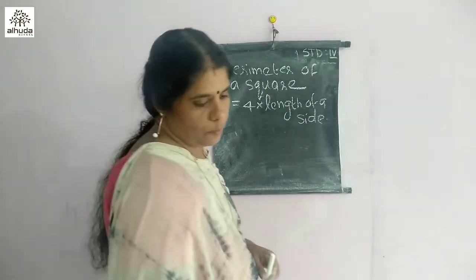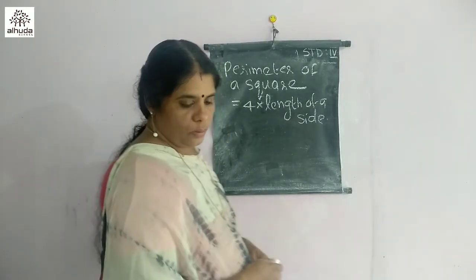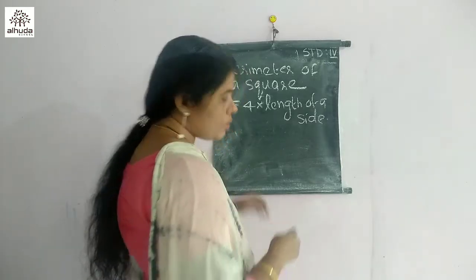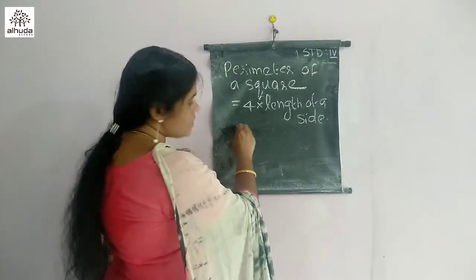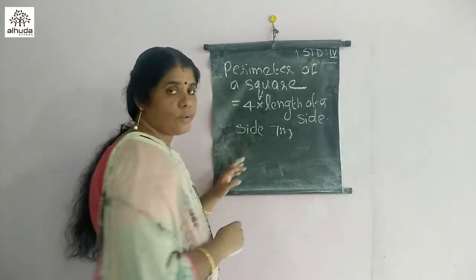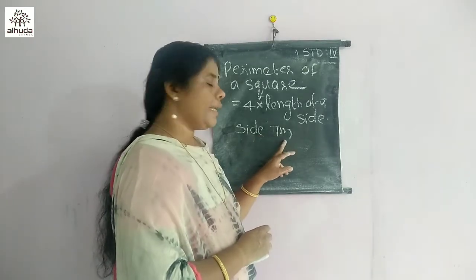For example, find the perimeter of the square whose sides are given below. That is, side 7 meter. You should find the perimeter of a square with the side 7 meter.